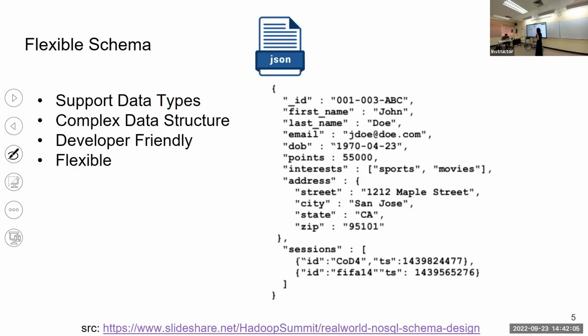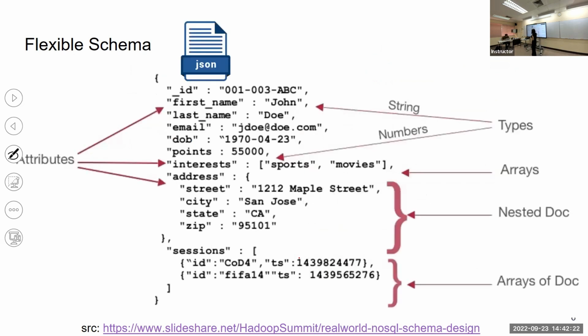So this is an example of supporting data in terms of the document. I think all of us should be very familiar with JSON, right? I'm not going to teach it in too much detail, but the basic structure is this: this is a JSON document. We call it a document.